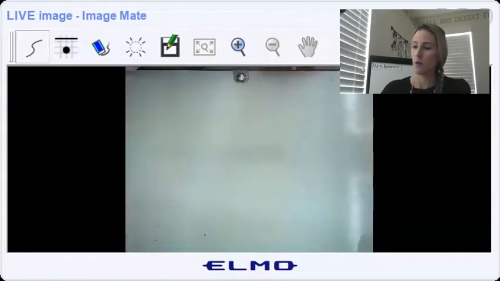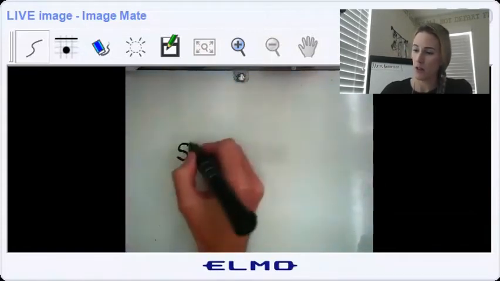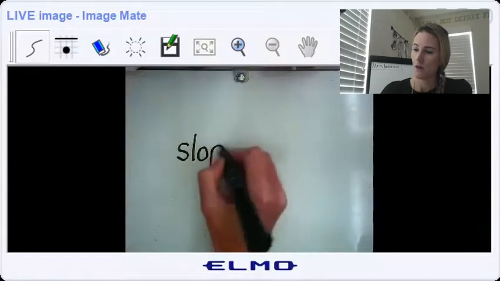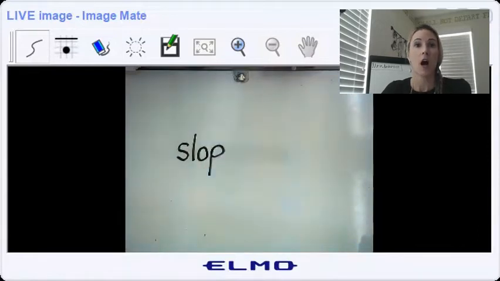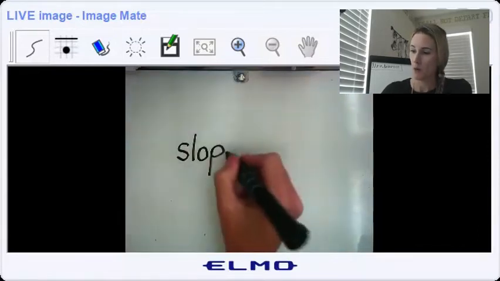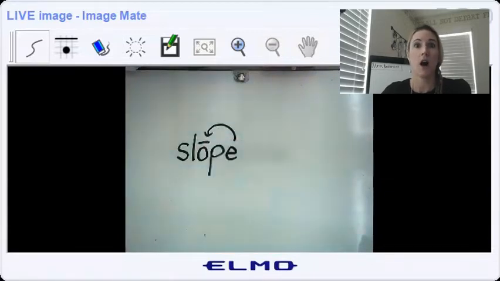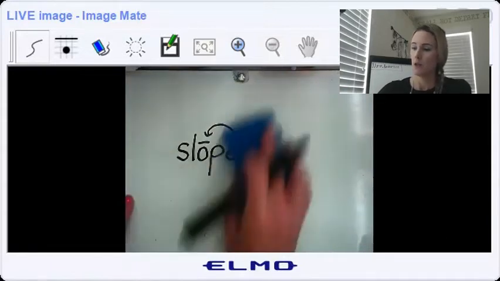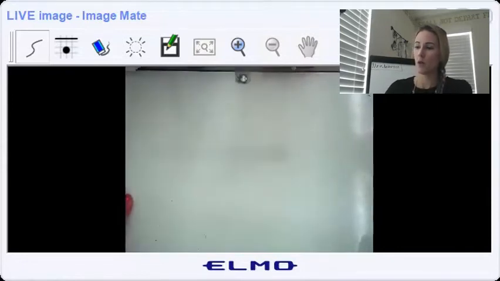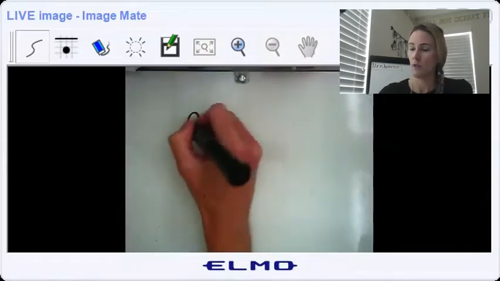And one more example of changing a short vowel to a long vowel. This says slop. But when I put my silent E here, now my short sound changes to O, and my word says slope. So this week, we're going to be working on your long vowel patterns.